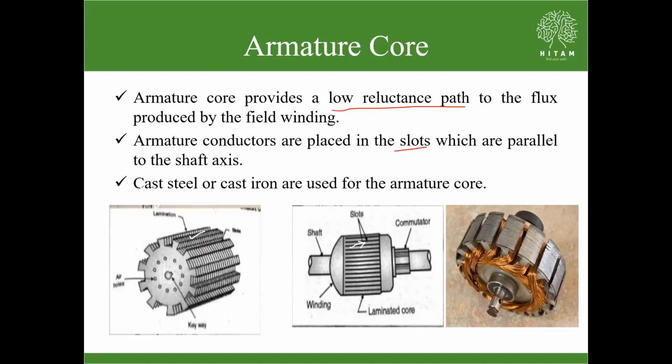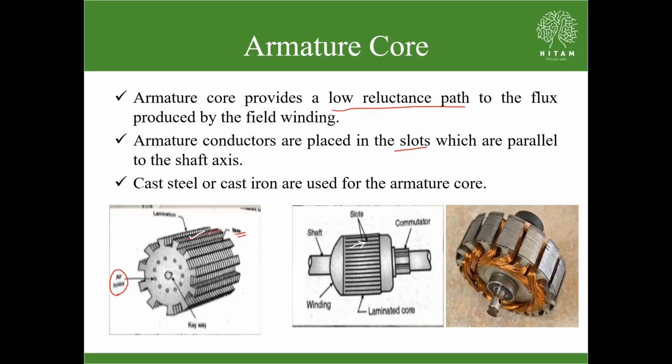See now, this is your theoretical textbook diagram, the first figure. Here you have some slots and the laminated wounds, and here the air holes which are provided for cooling purposes.